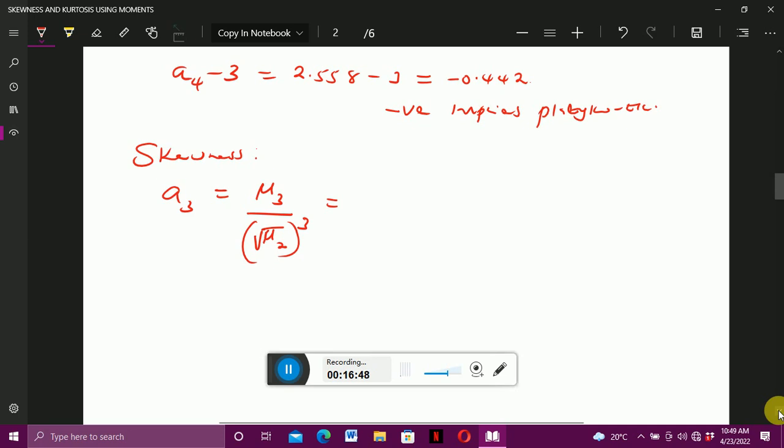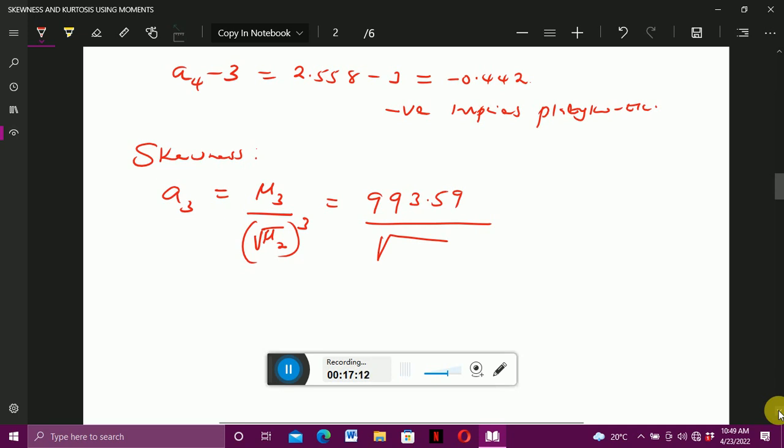So if you look up there, you'll see that mu3 is 993.59, and this we divide by the square root of mu2.